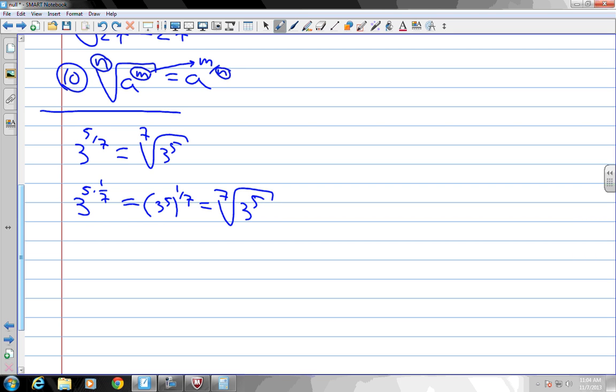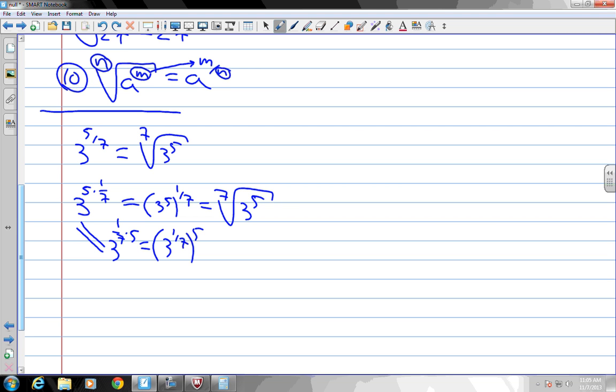Now I'm just trying to show you something else. Do you agree that this is the same as 3 to the power 1/7 times 5? Right? Because 1/7 times 5 is the same as 5 times 1/7. So following the same logic, it's 3 to the power 1/7 raised to the power 5, like that.